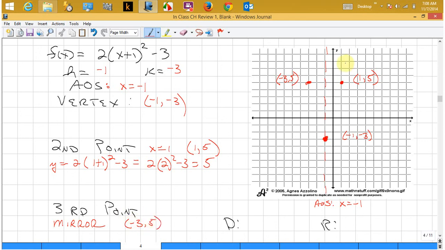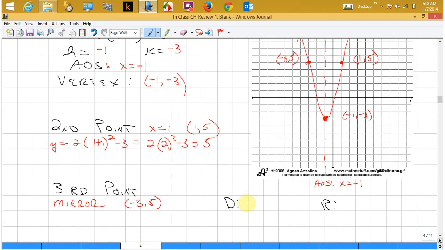Okay, so I can draw my parabola. The domain is all real numbers, which in interval notation is written from negative infinity to infinity. And the range is all real numbers where y is greater than or equal to -3.